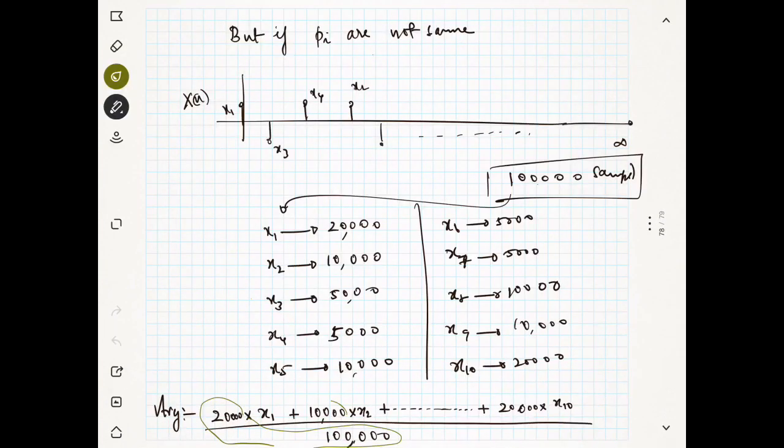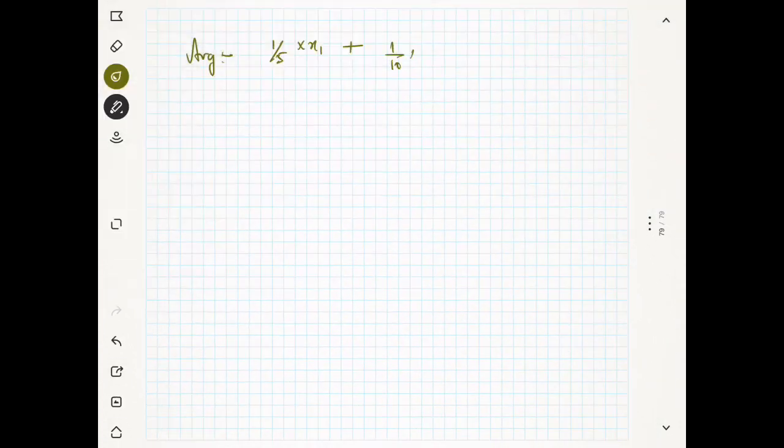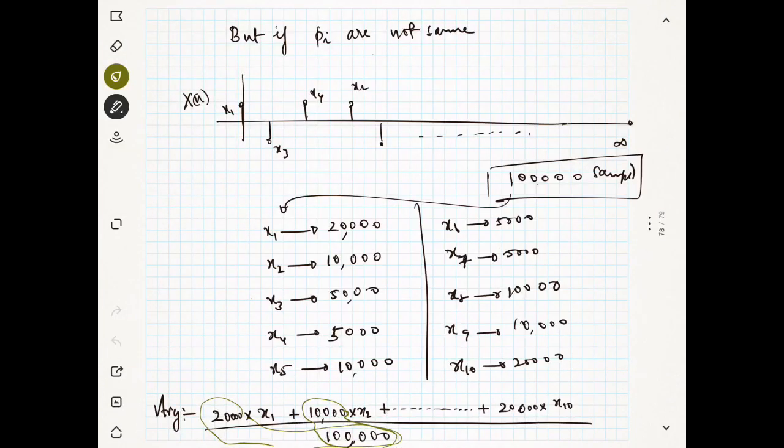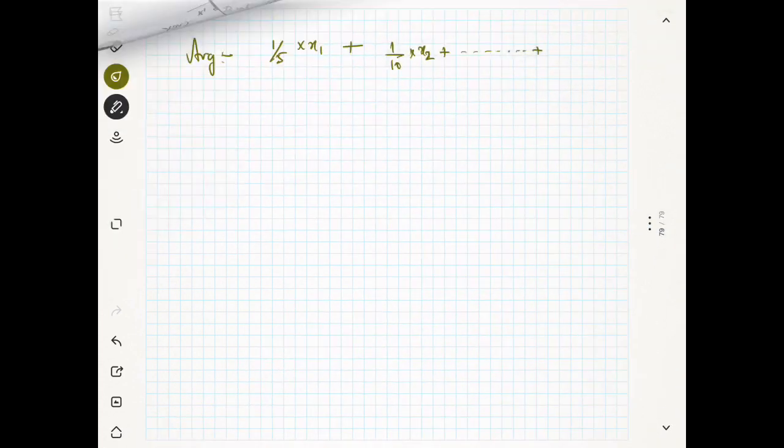So the average is nothing but 1 by 5 times x1 plus, for this one, 10,000 by 1 lakh is 1 over 10, so 1 over 10 into x2, and it goes on, and finally 20,000 by 1 lakh is 1 by 5, so 1 by 5 into x10. So this is the final average.